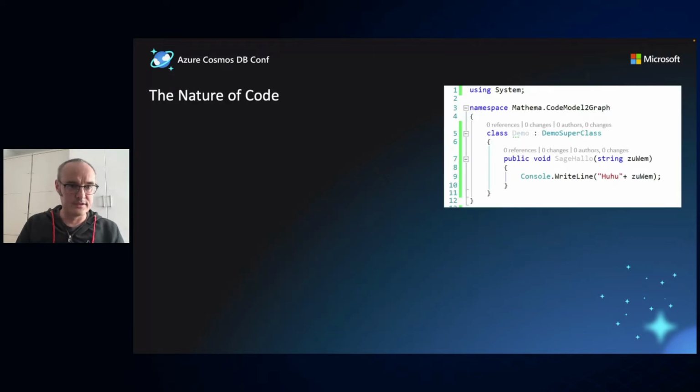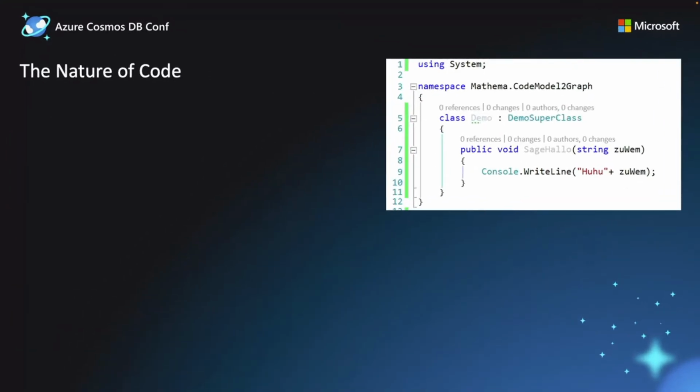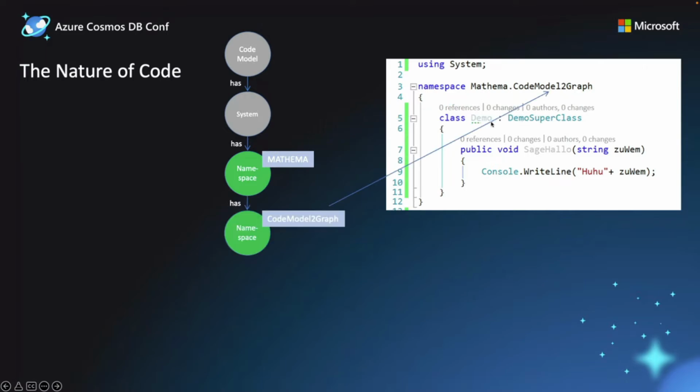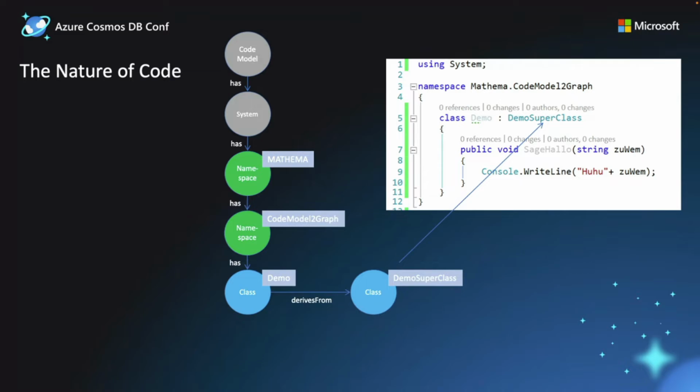So if we take this small snippet, and this is how I do it in my tool, we have a code model, and inside this code model, we have a namespace vertex, and this has a second attached or child vertex, once again a namespace, which is called code model to graph. And inside this namespace, we will find a vertex of a class called Demo, and that is derived from another class.